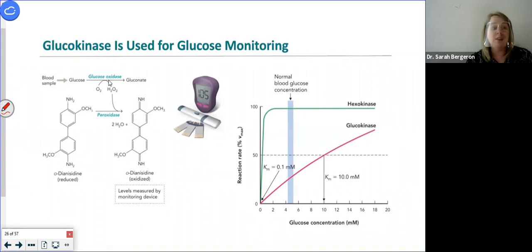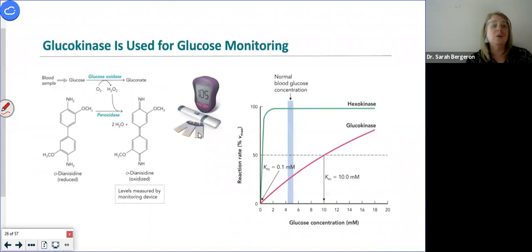Glucose oxidase, in the presence of glucose, converts oxygen to hydrogen peroxide. Now that you have hydrogen peroxide, you have a substrate for peroxidase. So you convert a reduced substrate into an oxidized product, and you can actually measure this level with this monitoring device.